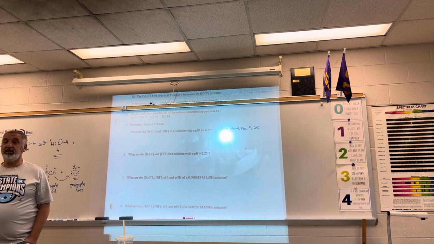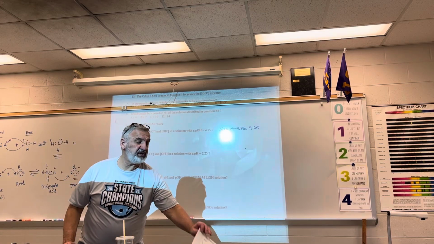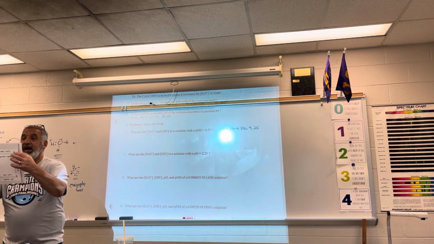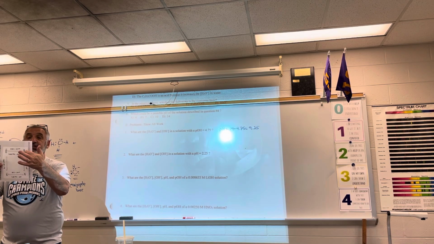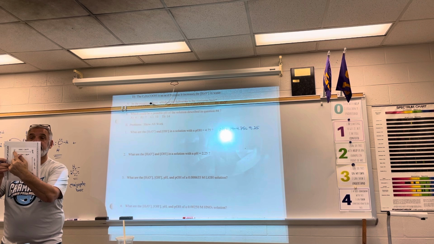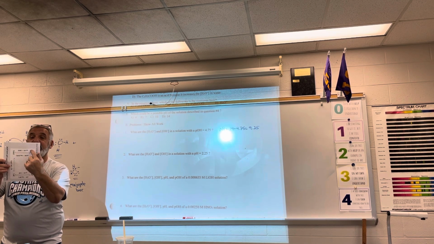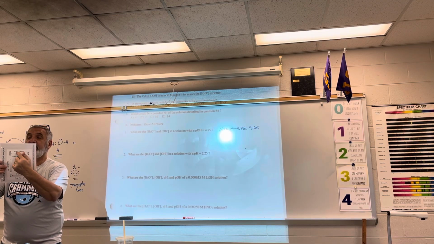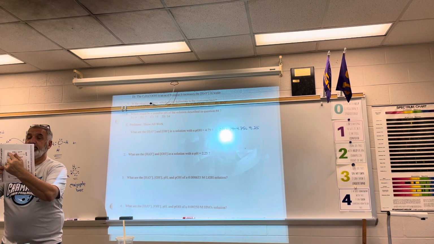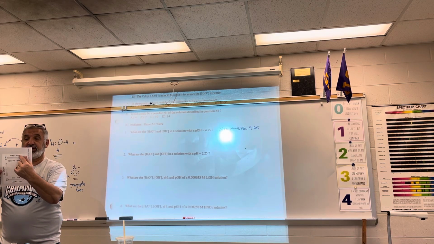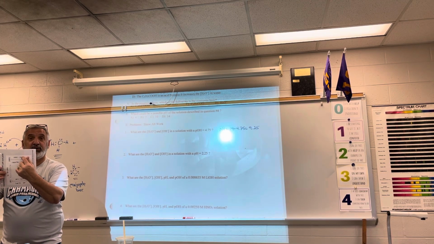Now, when you look at this, I know what the pOH is. I need to go to the OH minus. So what does it say across that top arrow, the arrow that's pointing to the OH minus? How do I find the OH minus from the pOH? 10 to the power of the negative pOH, right?